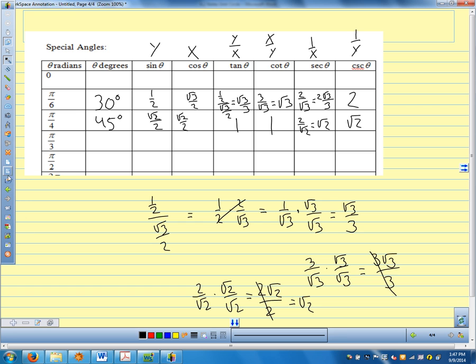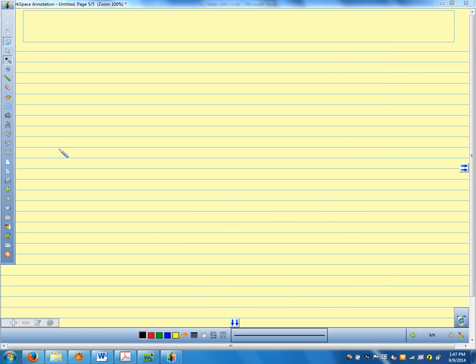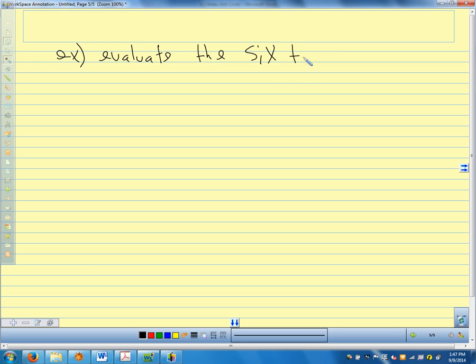All right. In your homework, it will ask you questions like this. Evaluate the 6 trig functions at the real number pi over 3.